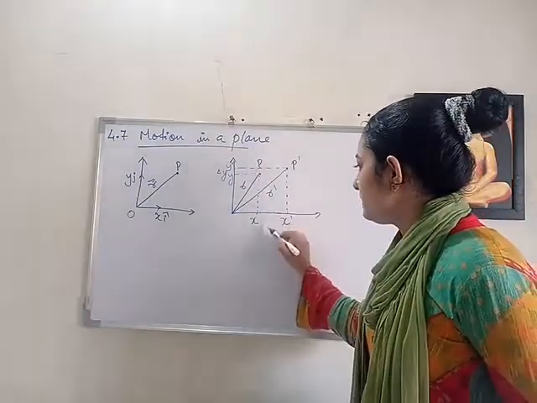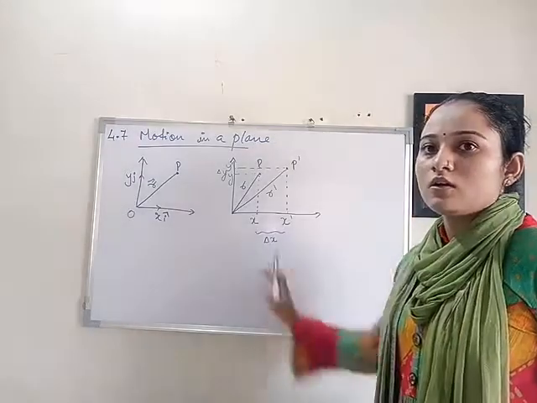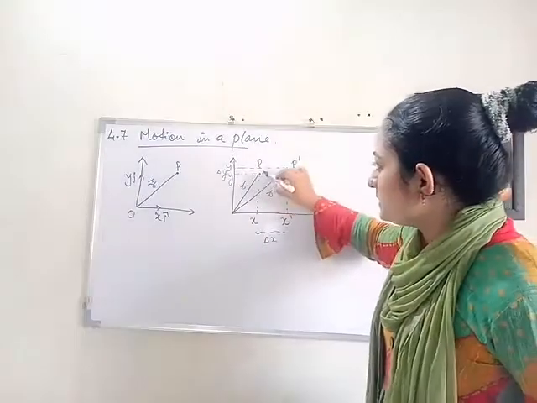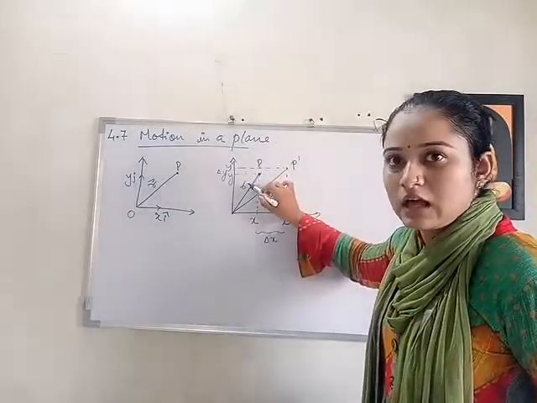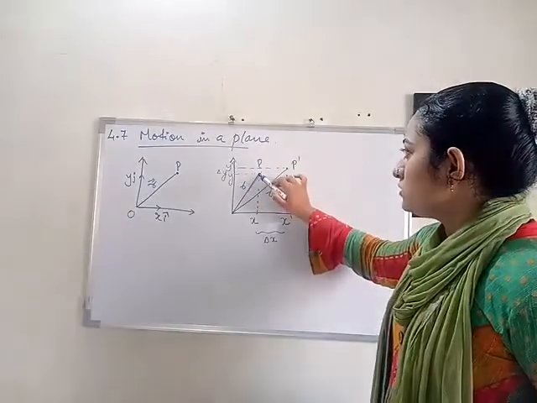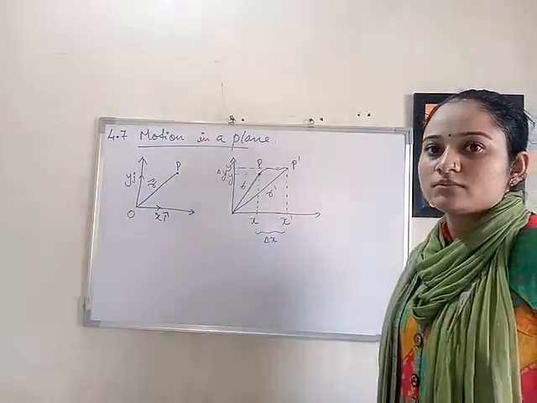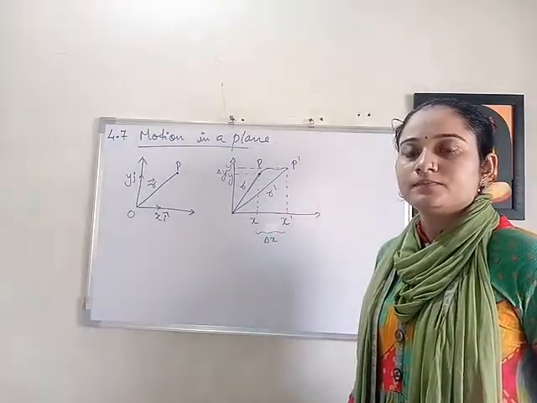Here it is displacement, that is delta x along x-axis. Clear? This was the position P in position vector, that is r. Now the body travels from P to P dash. So this is r dash.